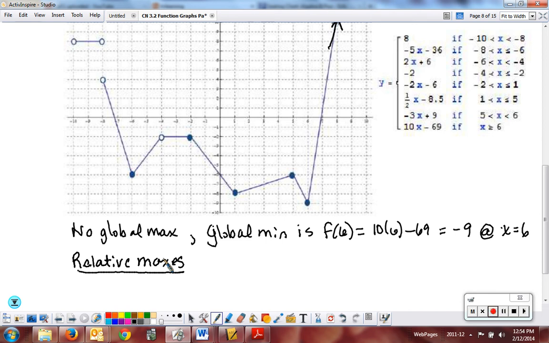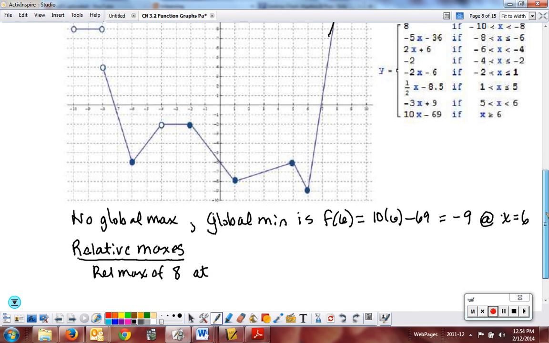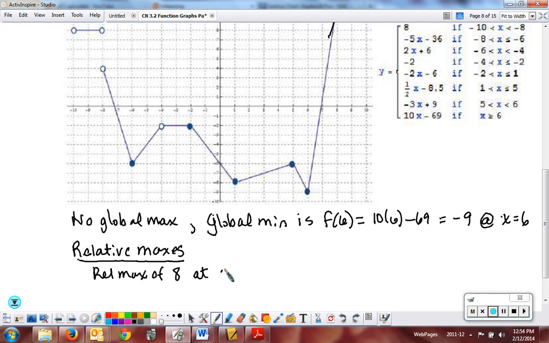What's the y value that I would consider a relative max? 8. Up here I have this point right here, clearly on a little section of that graph. 8's a high point. There's none higher than 8. So I would say relative max of 8 at, now here we get to our little constant section, for what x values? Negative 10 to negative 8, non-inclusive.